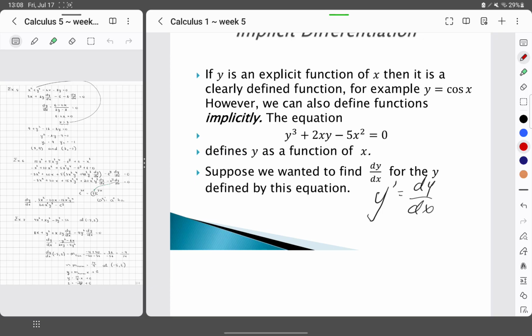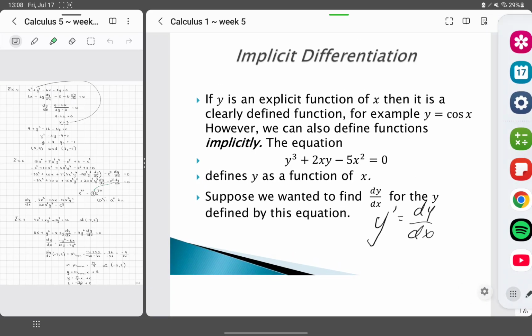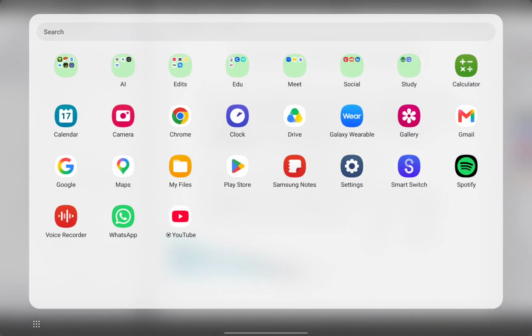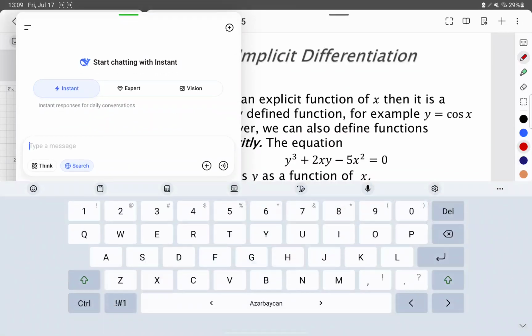Suppose we want to find dy over dx for the y defined by this function. Okay, let's search about it. I really want to understand it very well.